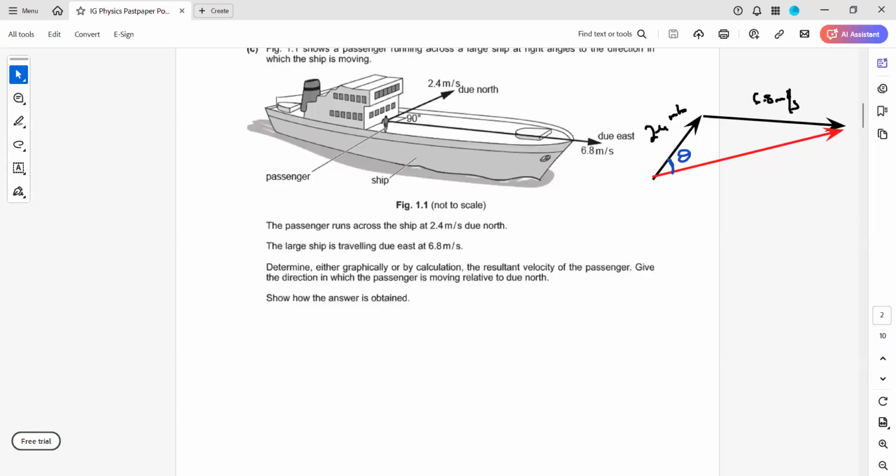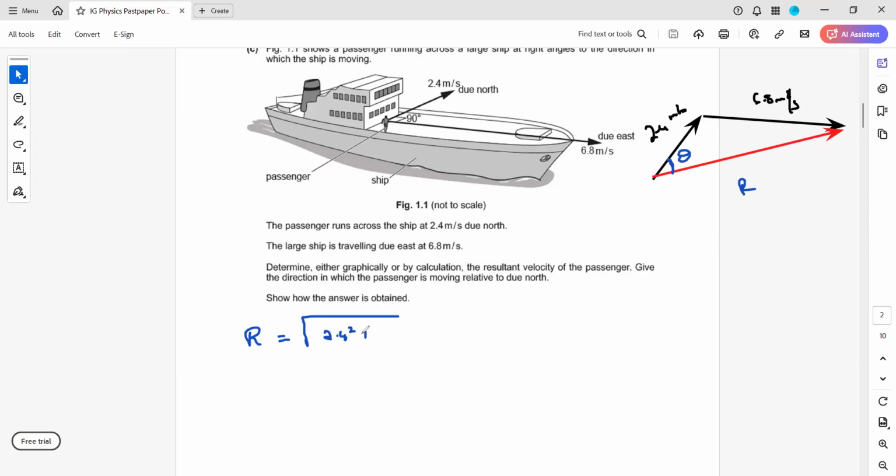How to work out the magnitude? The magnitude is relatively easy because by Pythagoras theorem, the resultant is the hypotenuse. The hypotenuse equals the square root of base squared plus perpendicular squared.